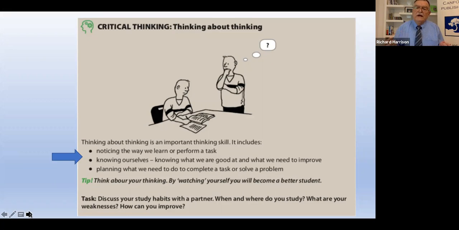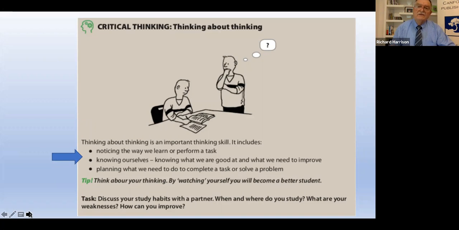To know what they are good at and what they need to improve. And plan what they need to do in order to complete a task or solve a problem. So we should encourage this kind of thinking, getting students to step aside and to look at themselves objectively.